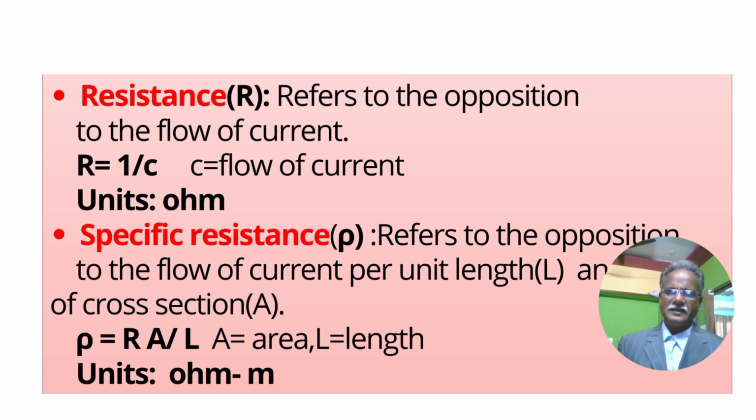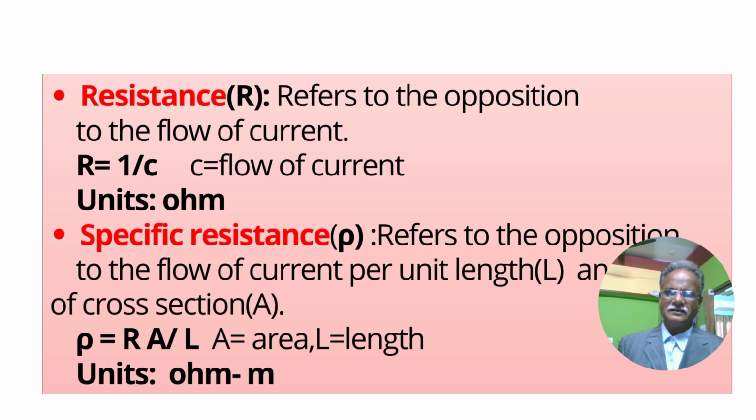Let us see about resistance and specific resistance. Resistance. Resistance refers to the opposition to the flow of current. In other words, it can be defined as the reciprocal of conductance.